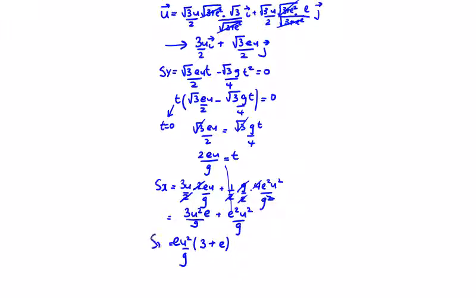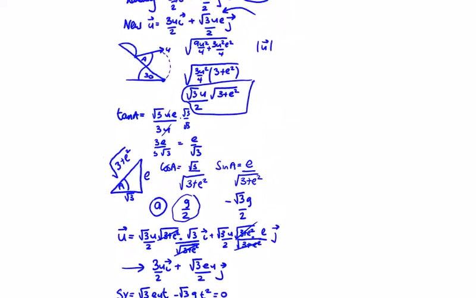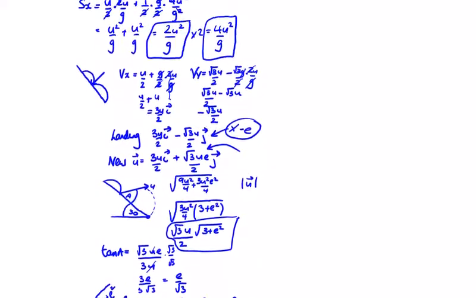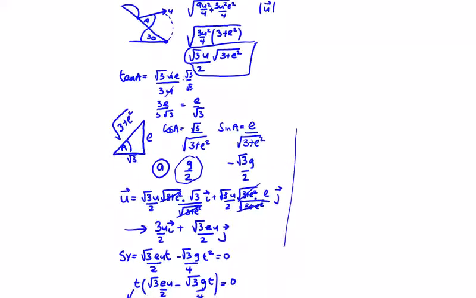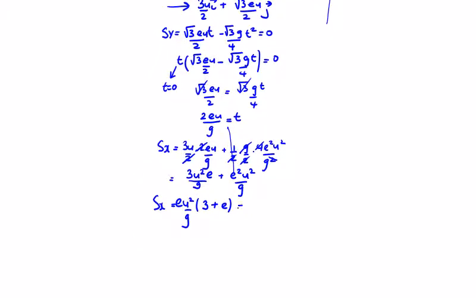So this is my range, and it has to be, what was it, 4u squared over g or something? 4u squared over g has to be this range. So this is equal to 4u squared over g, multiplying by g, dividing by u squared.